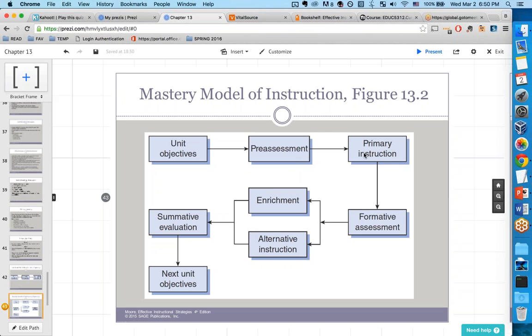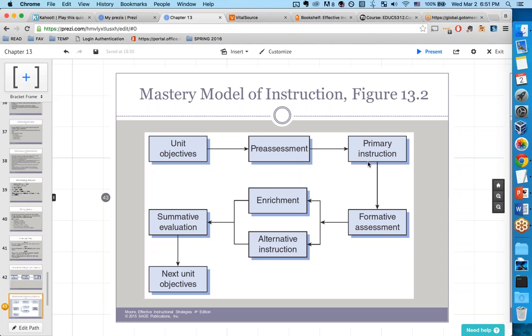Then, during the instruction, while it is still not completed, you do formative assessment. Formative assessment means an ongoing assessment while the instruction is still not completed. If the instruction is completely done, then you would do a summative evaluation, which would summarize the student's learning.